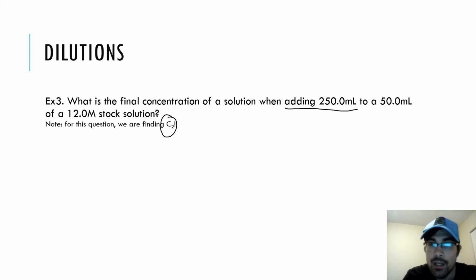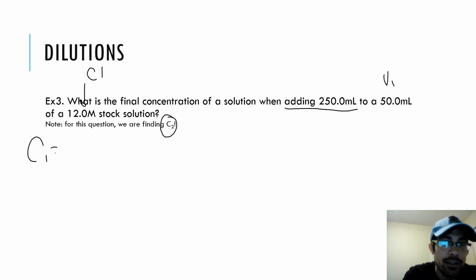Our V1 right here is 50 mL, that's what we're starting with, and then we also have C1 here. So C1 is 12 molar. V1, we've taken 50 mL of this. C2, we don't really know.